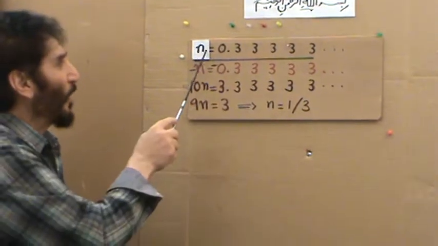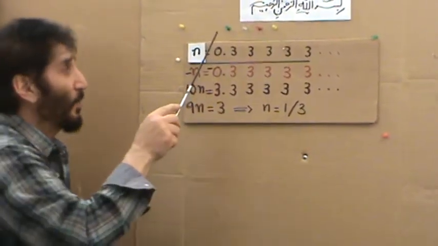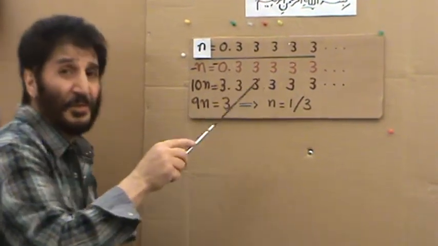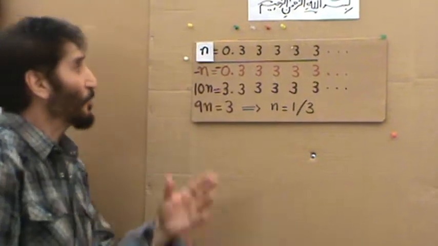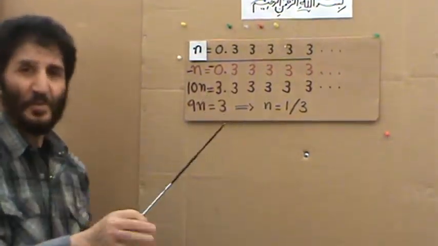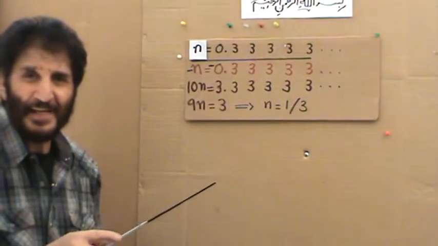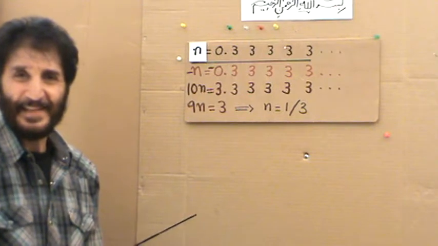What is n? I just let this represent n, whatever it is: 0.3, then 0.03 added to that, then 0.003 added to that, keep going forever. So let n represent it, whatever it is. Now I do some algebraic manipulation, and I find out what n is.